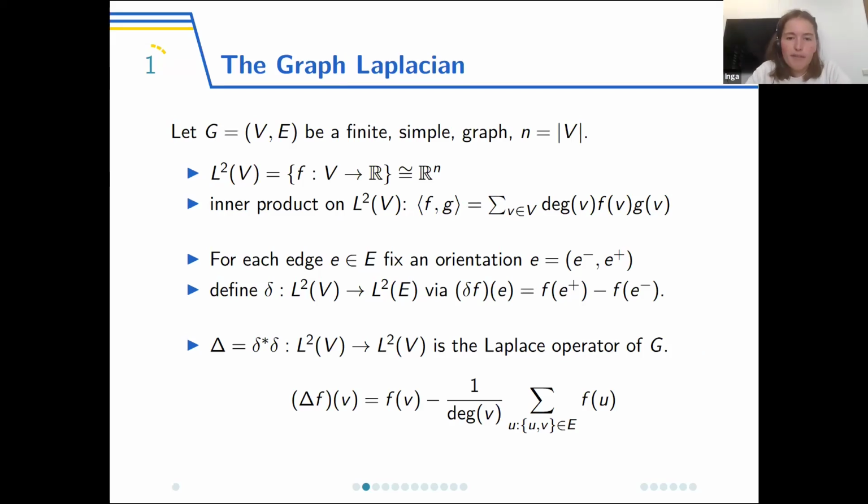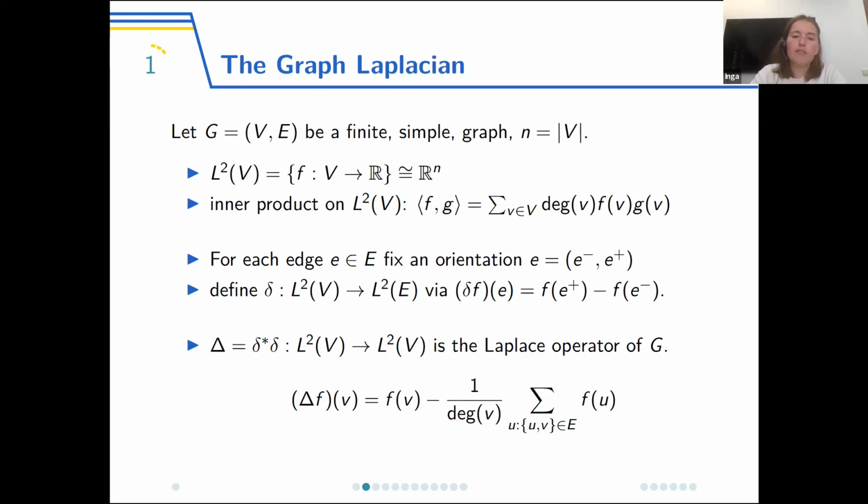So let's start with a finite simple graph. We look at L2 of V, the space of functions from our set of vertices to the real numbers. Or you can just think of vectors where each entry is indexed by a vertex from our graph.